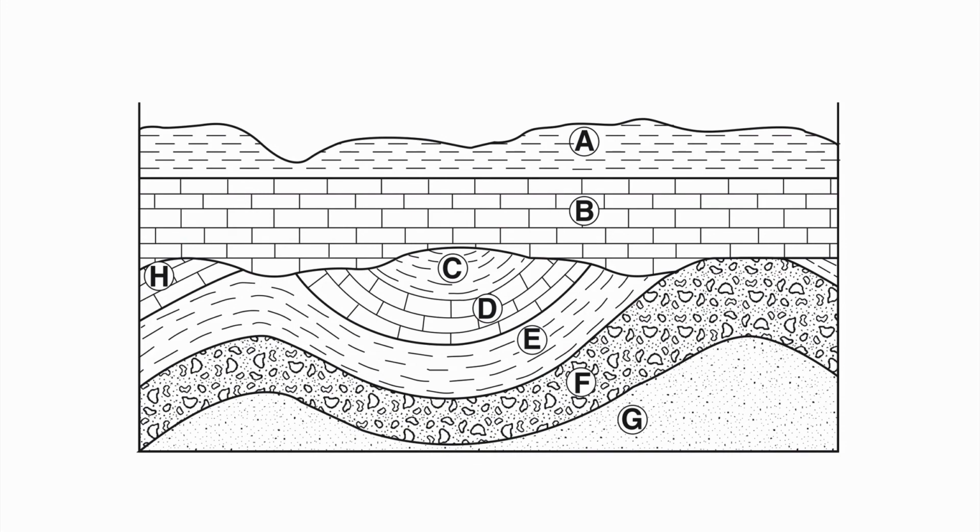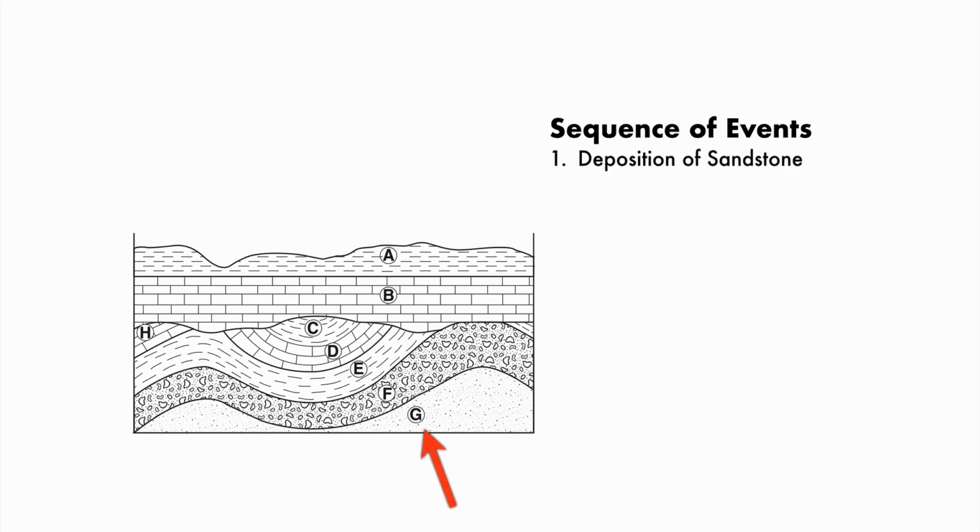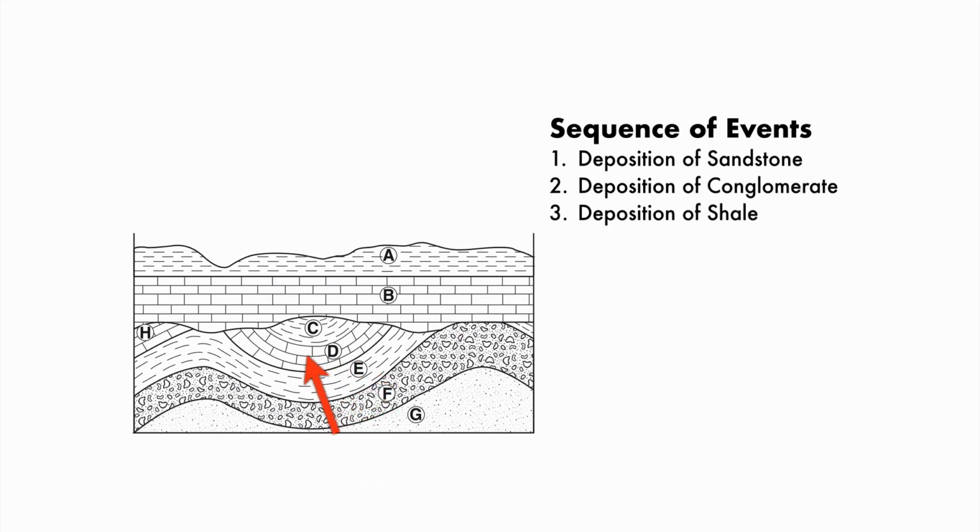Our first geologic event will be the deposition of layer G. It's at the bottom. Then we would have the deposition of layer F, then the deposition of layer E, then D, then C. Now, what happened next?